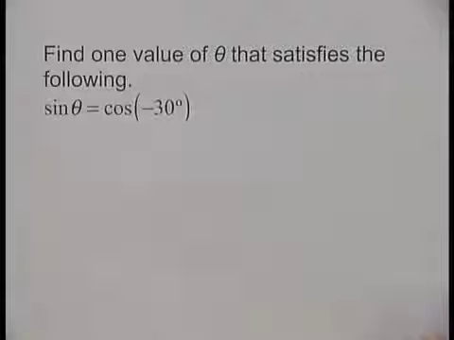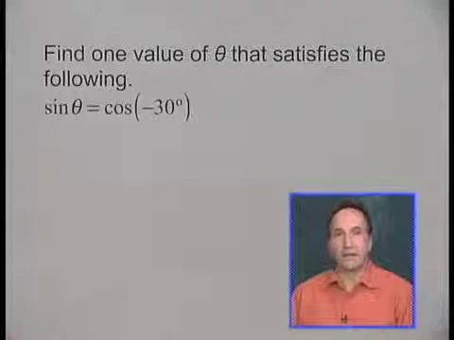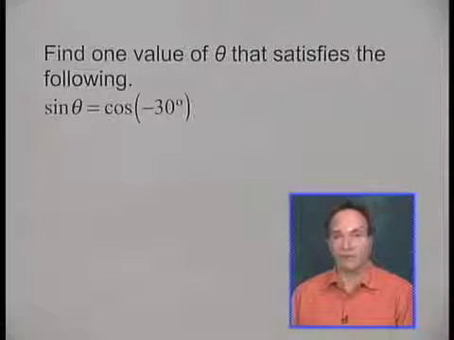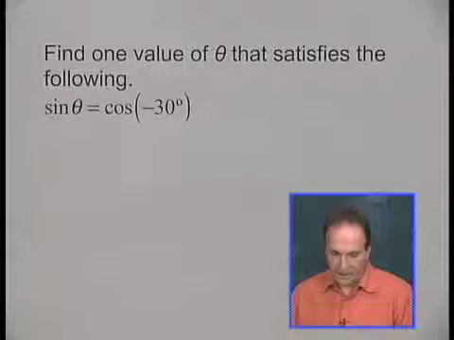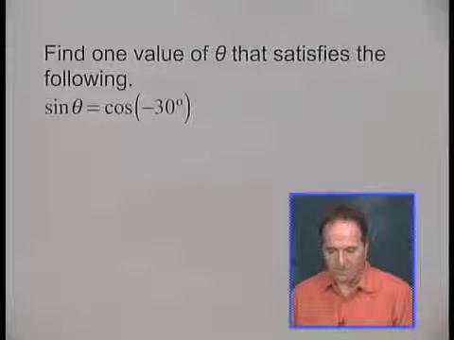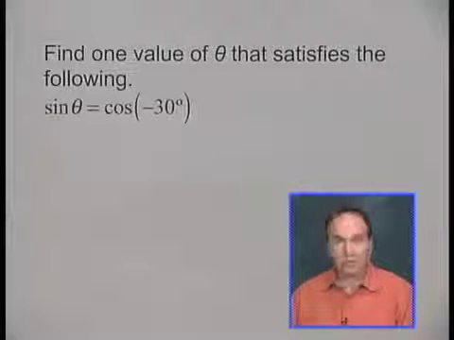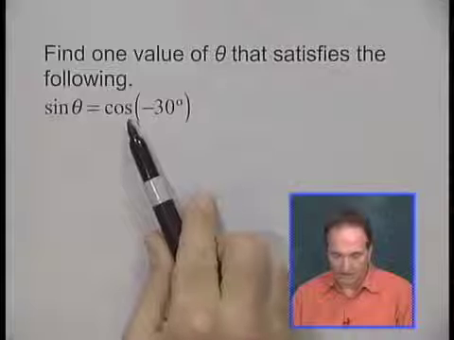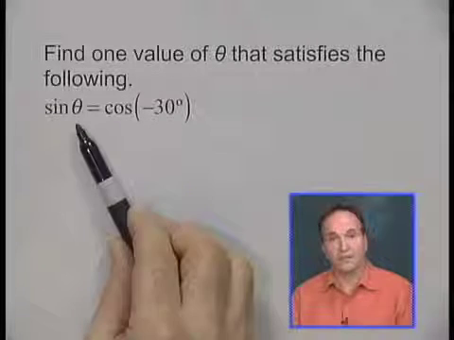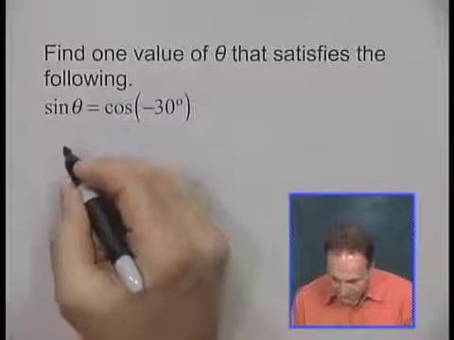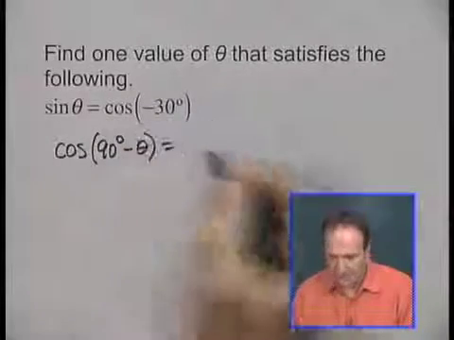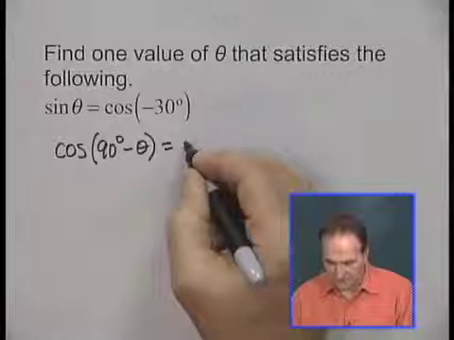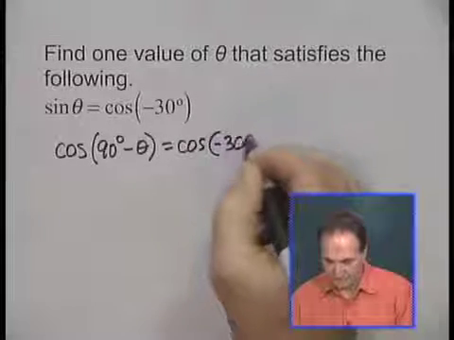Let's work another example. Find one value of theta that satisfies the following. Sine of theta is equal to cosine of -30 degrees. Now, sine and cosine are cofunctions, so we can rewrite the sine of theta as cosine of 90 degrees minus theta, and that equals, leaving the right side as is, cosine of -30 degrees.